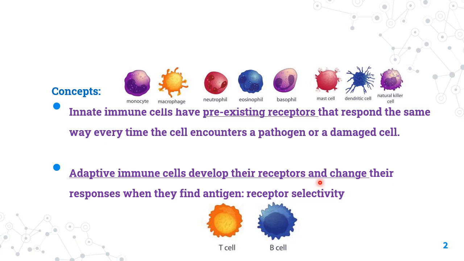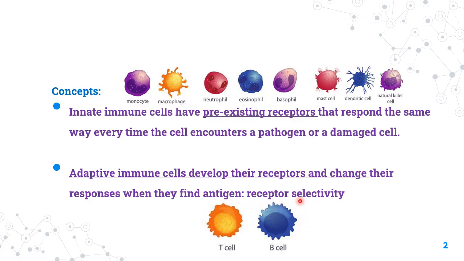And when you compare those to your adaptive immune cells, when you say adaptive, you mainly think B cells and T cells, right? So the receptors on those cells are receptors you're not born with. You have to develop the receptors as you go along. So these cells are going to undergo a lot of gene shuffling.